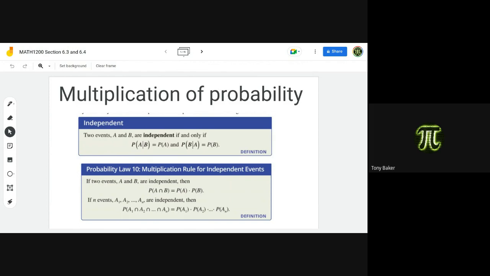Independent and dependent is simple. If the one probability doesn't impact the next one, they're independent. So, for example, if I roll a die and I flip a coin, whatever I roll on the die has no impact on the coin. Or like when we were talking on Tuesday about roulette, if I spin the wheel and then I spin the wheel again, there's no impact on it.